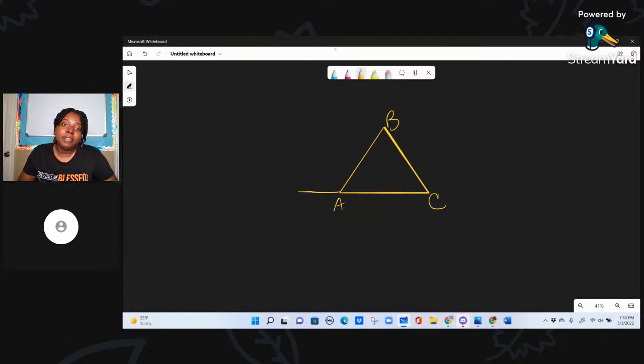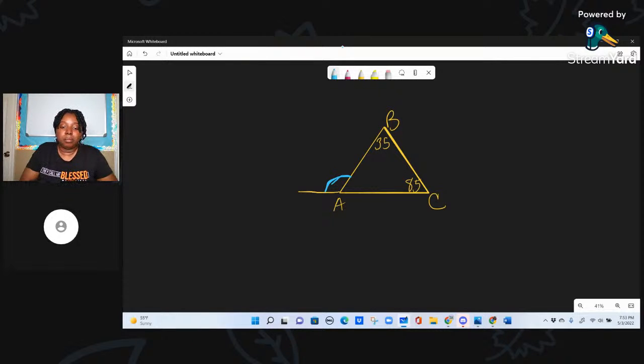If they give you, let's say 35, 85, and they say, find this missing angle right here, what two angles do I care about that's going to help me figure out what that exterior angle is going to be?